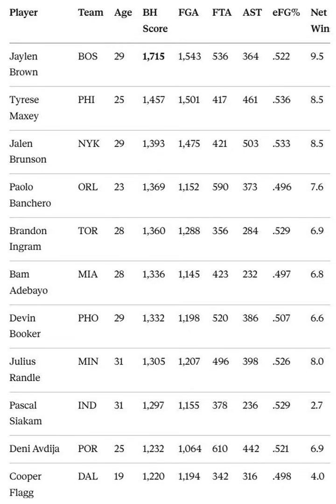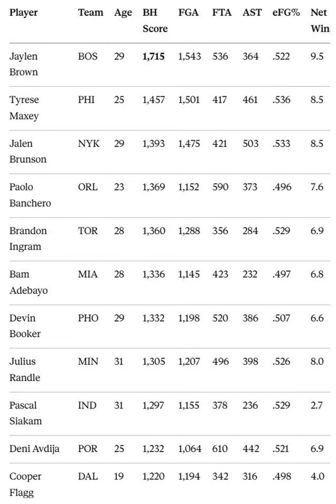So on the ball hog leaderboard, the top 10 are Jaylen Brown, Tyrese Maxey, Jalen Brunson, Paolo Banchero, Brandon Ingram, Bam Adebayo, Devin Booker, Julius Randle, Pascal Siakam, Deni Avdija, Cooper Flagg, DeMar DeRozan, James Harden, Jalen Johnson, and Cade Cunningham.